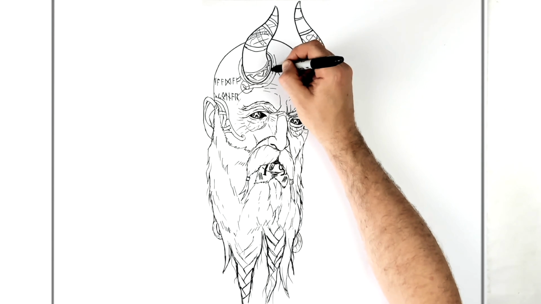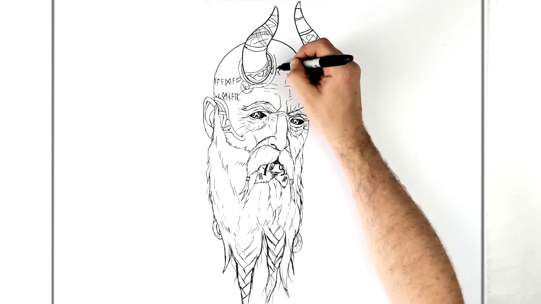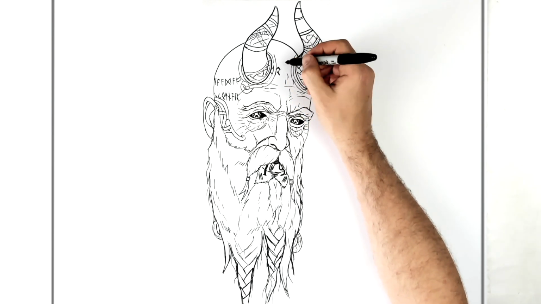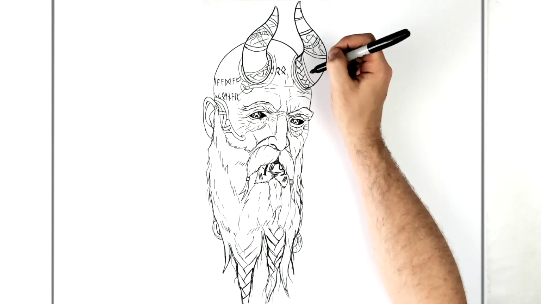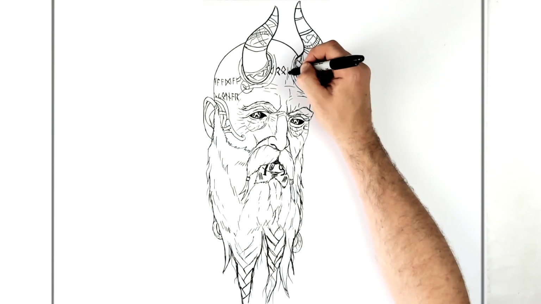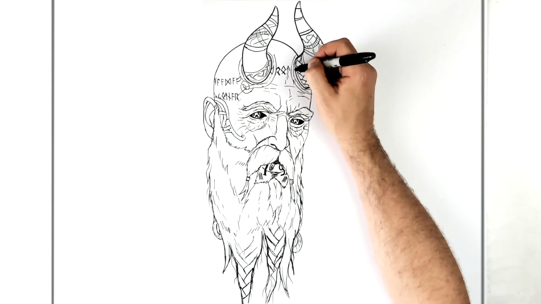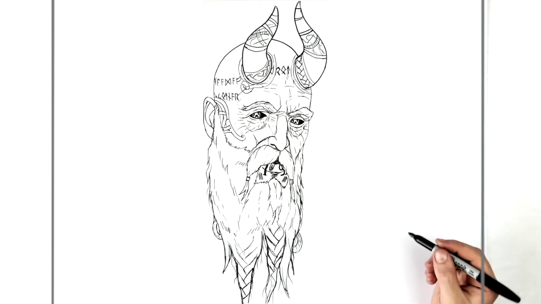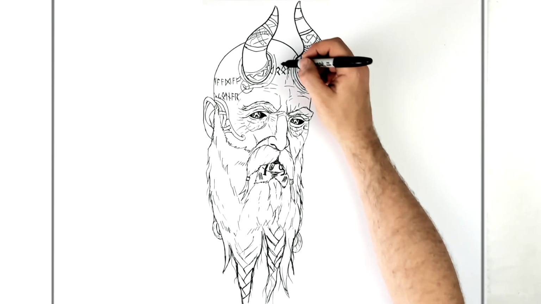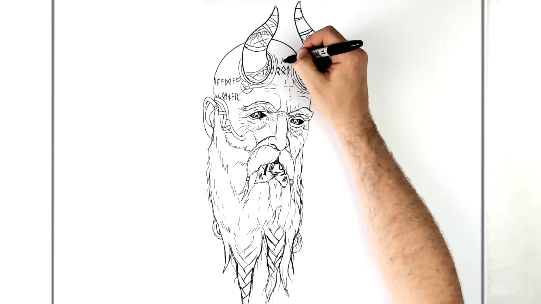Another sort of diamond shape here. Another row here.